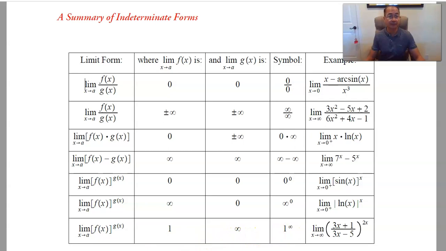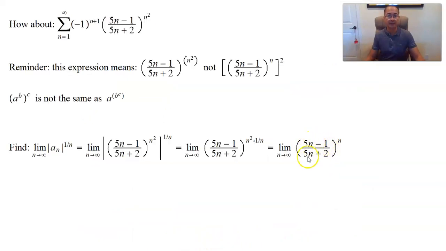Back to our workroom. This has limit 1, as we've seen before, and n is going to infinity, so we have a 1 to the infinity form. Let's write that down. This is a 1 to the infinity form.